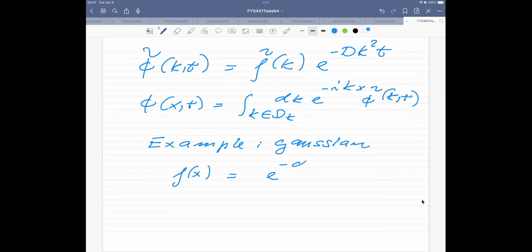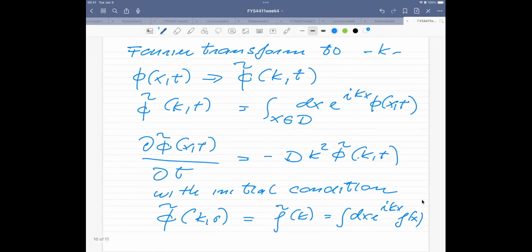Suppose the Gaussian looks like this, and we plug that in when we perform the Fourier transform. We normally write the Fourier transform with an uppercase F, of e^(-alpha squared x squared). The Fourier transform of that is something we can calculate.